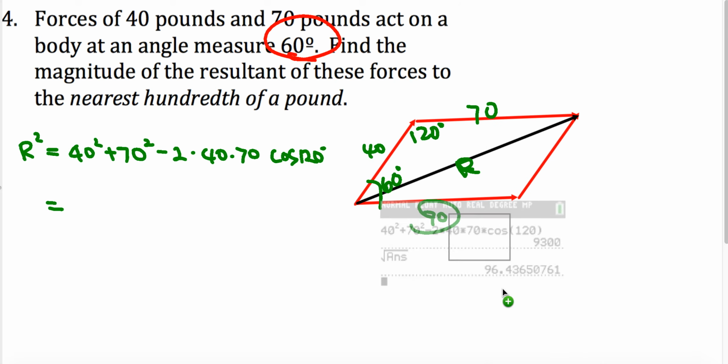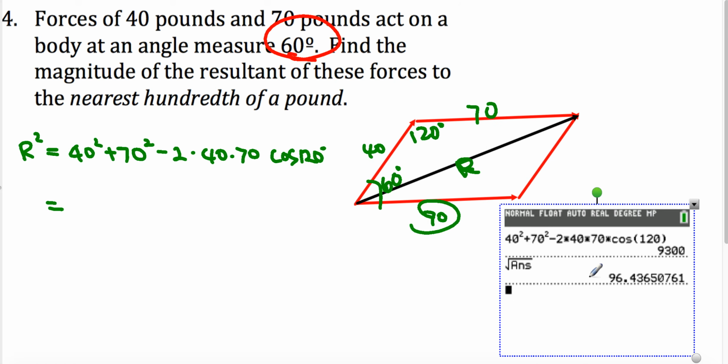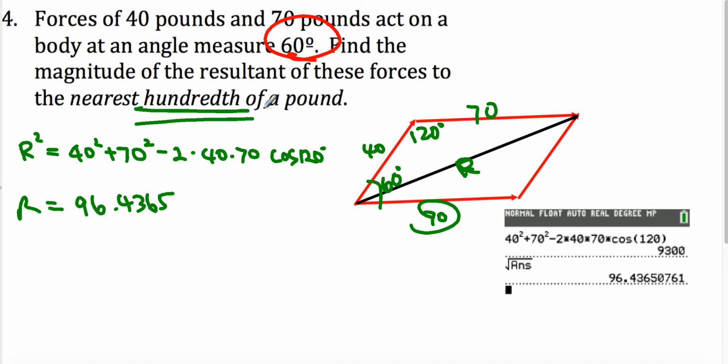All right, so then our answer becomes this one. R here equals 96.4365, but to the nearest hundredth of a pound, 96.44 pounds would have been our answer.